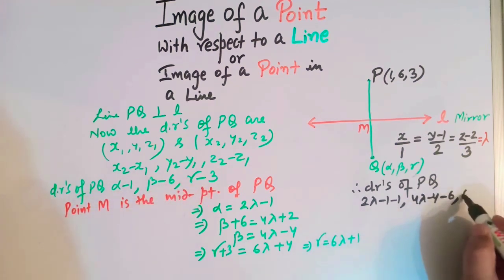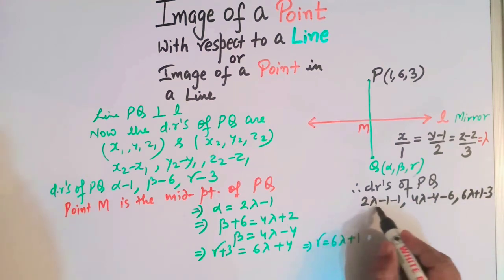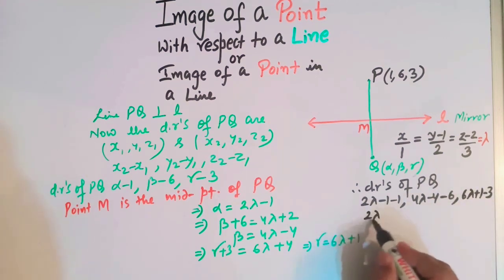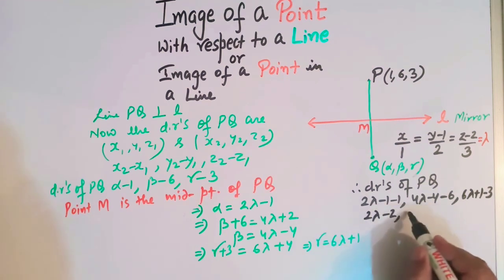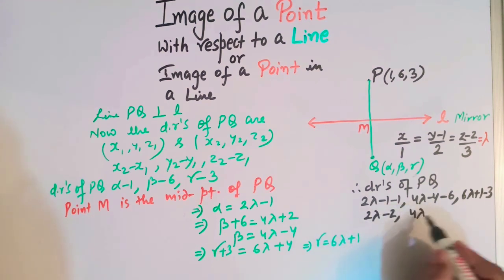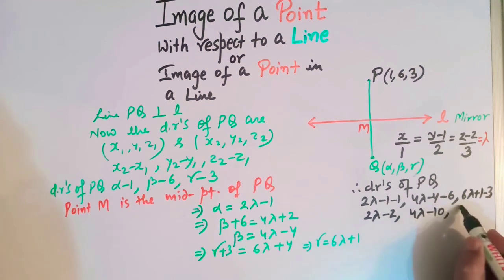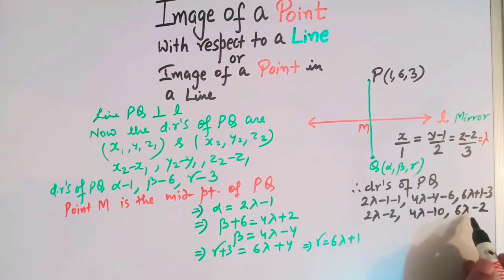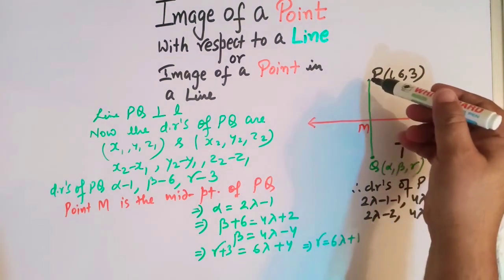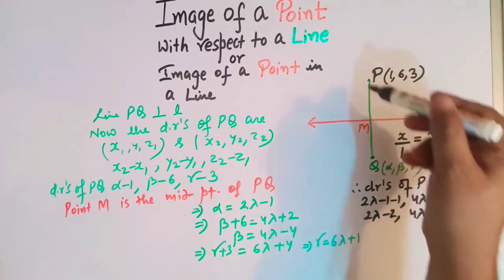So this is 6 lambda plus 1 minus 3. If we simplify it, we get 2 lambda minus 2, this is 4 lambda minus 10, and this is 6 lambda minus 2, right? So these are the DRs of this line PQ, right?